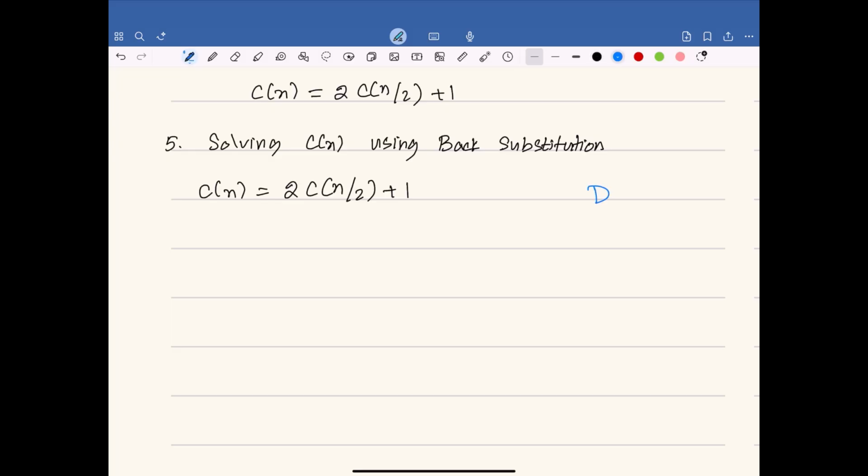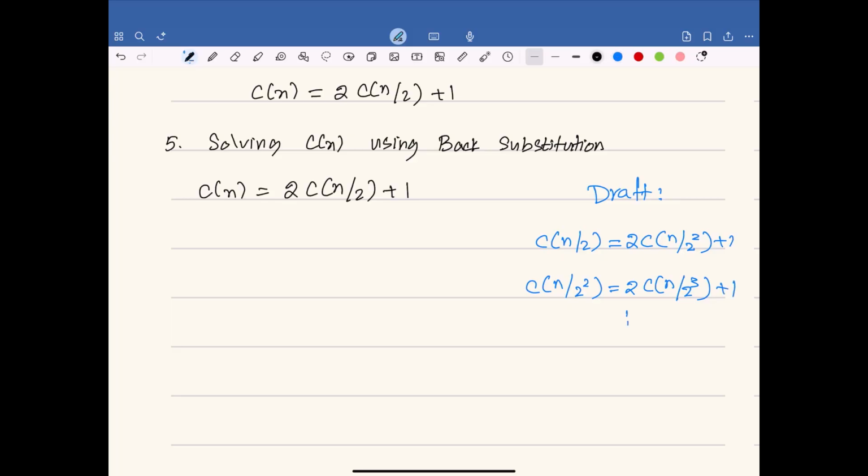In the draft area, we will write some of the iterations for the recurrence relation. First is C(n/2), which is equal to 2C(n/2^2) plus 1. For C(n/2^2), it is equal to 2C(n/2^3) plus 1, and so on.